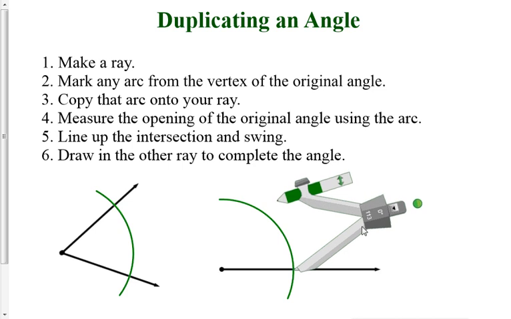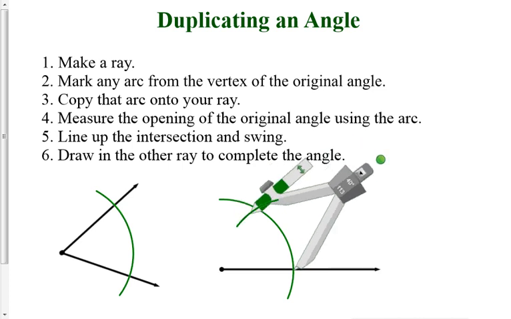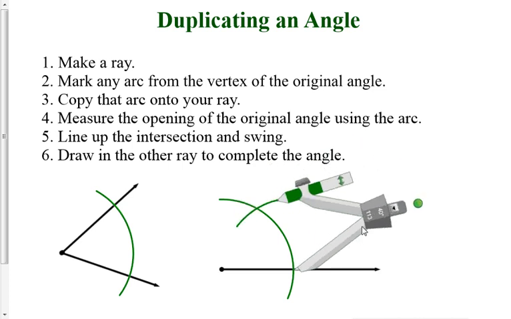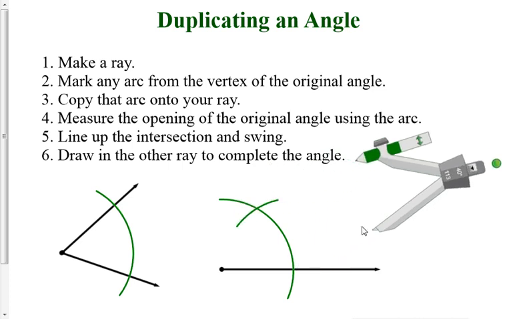And now I'm going to strike a second arc that intersects that first arc. And what I've done is now I've created a point for which the second ray of the duplicated angle will go through. So I take my straight edge, and from the end point of the first ray, I'm going to draw that second ray right through the two intersecting arcs.